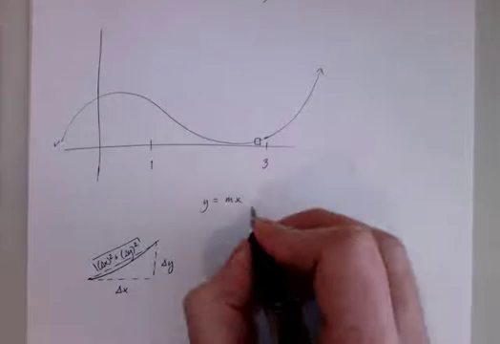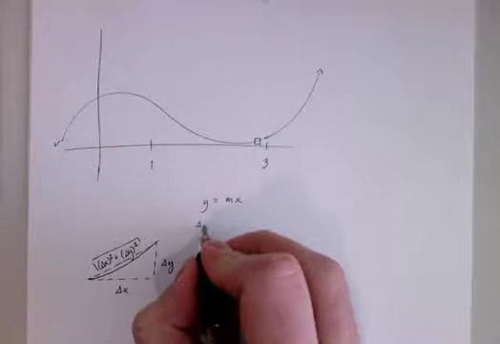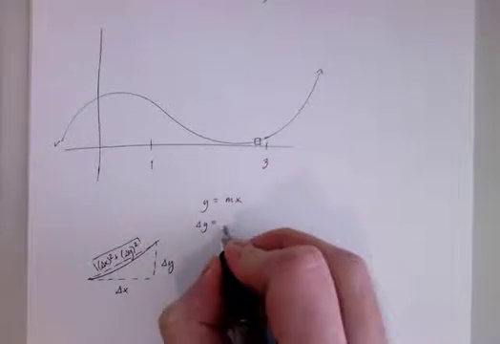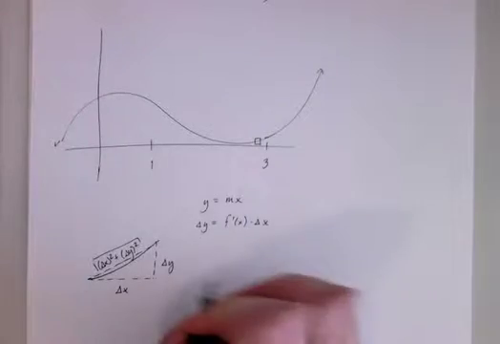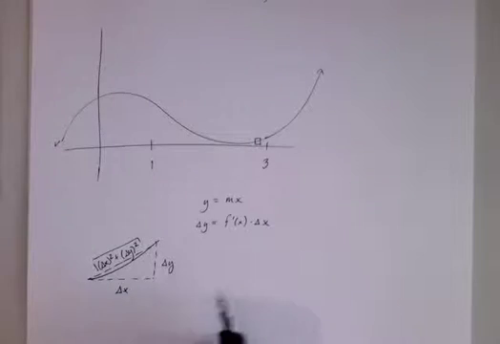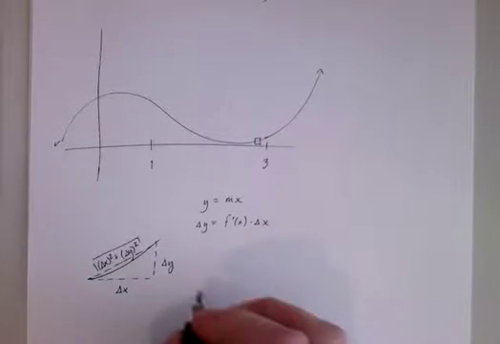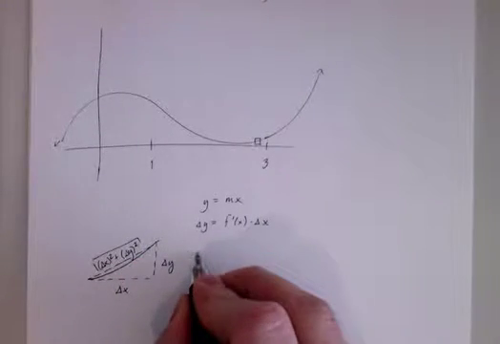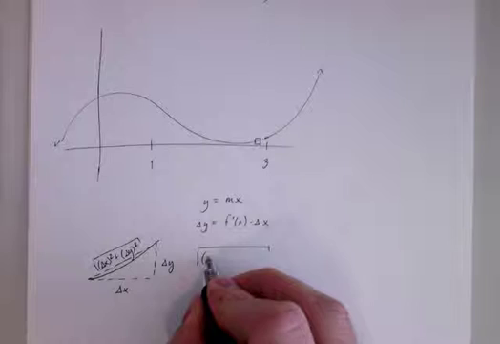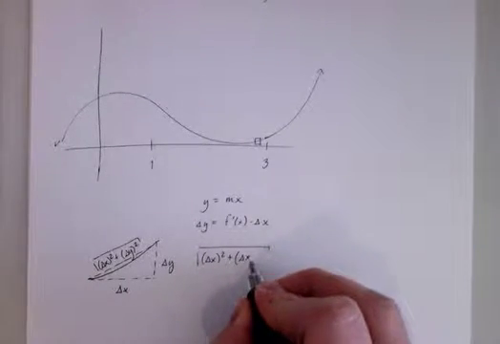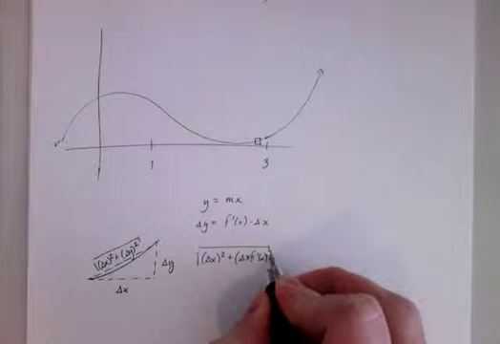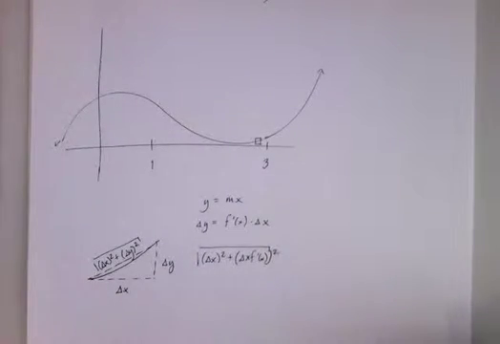And so basically, can't delta y be equal to f prime of x times delta x? That's the same idea, just using delta x and delta y and f prime instead of m. Well, that transforms that radical, instead of delta x squared plus delta y squared, into delta x squared plus f prime of x times delta x, squared.